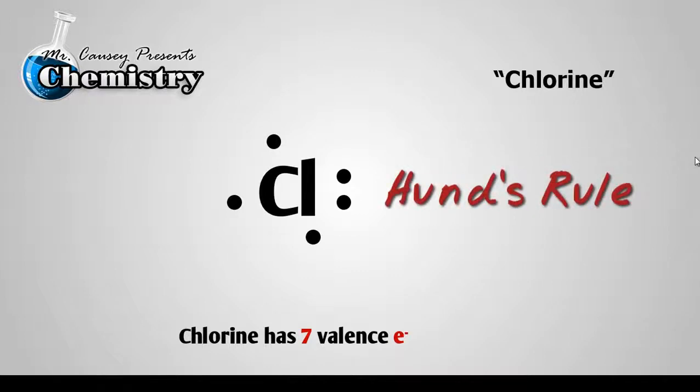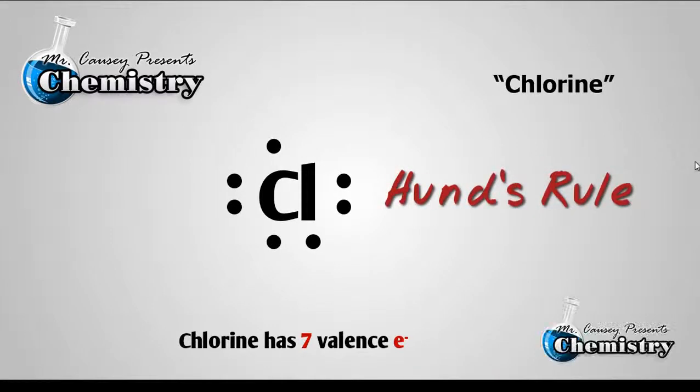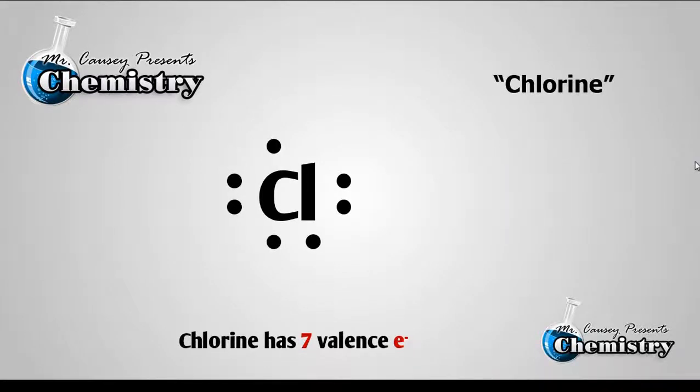Hund's rule. 6, 7. And by looking at this, I can tell that chlorine is going to gain 1 electron, because it's easier to gain 1 than to lose 7. And by gaining 1, it's going to have a -1 charge. And that -1 charge tells me that it's more than likely going to make 1 bond.